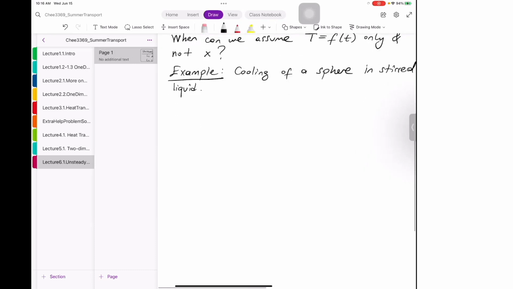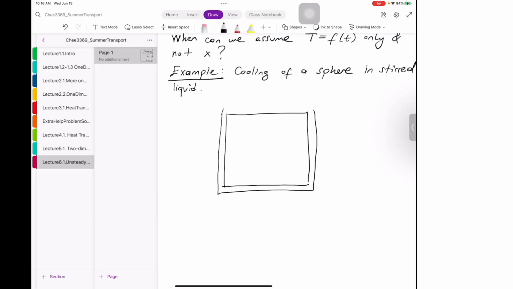Okay, and here's the schematic that I would like to draw. Imagine that there's liquid here within this vessel. The vessel is adiabatic.